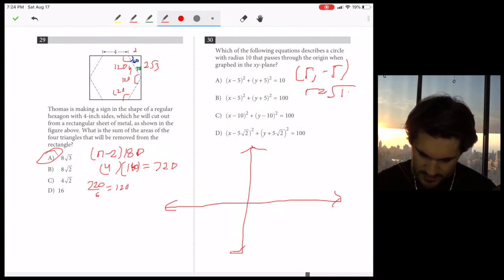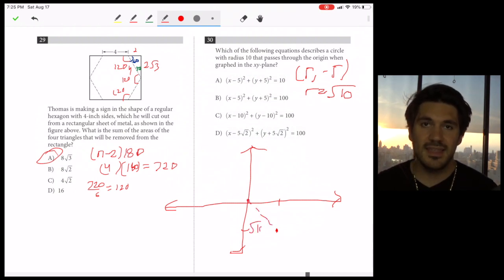So if we place something at 5, -5, let's say this is 5 and this is -5. So this would say that the center is here and that the radius is root 10. So in other words, from the origin down to here, this would have to be root 10.